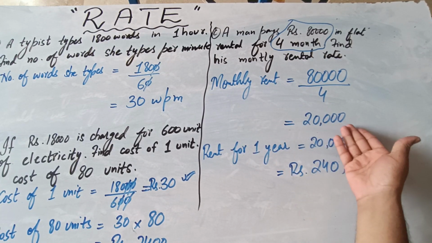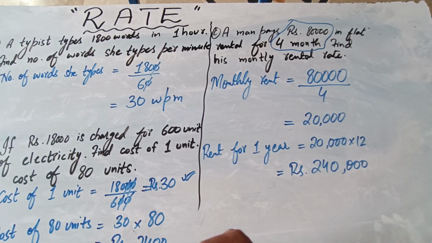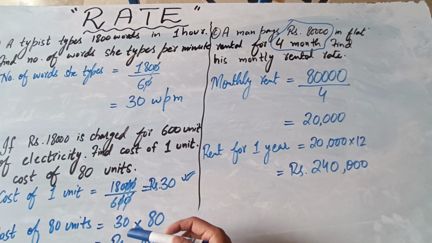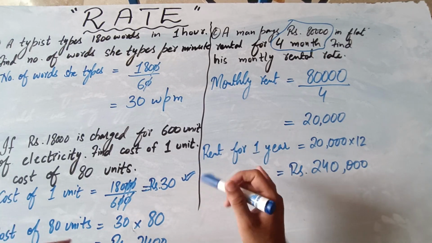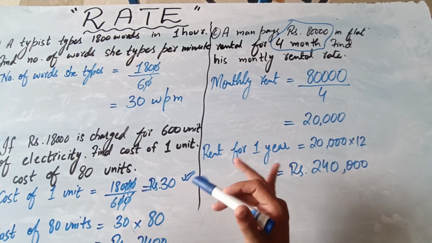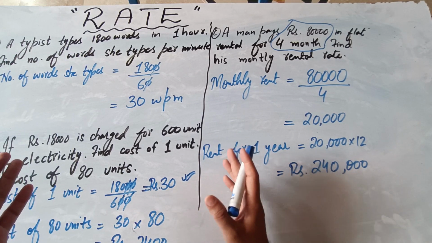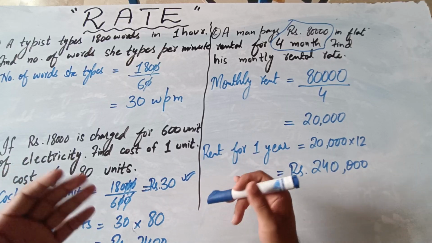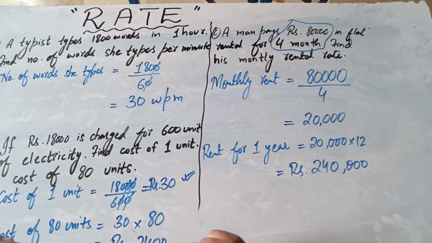When we get the unit rate, we can find out for any number of months or for any required value. This is the benefit of finding out unit rate, and this would help us in finding out for any particular value. It can give us the rental for 2.5 months as well. So we will multiply 20,000 with 2.5. This would give us the rent for 2.5 months. So this is how simple it is.